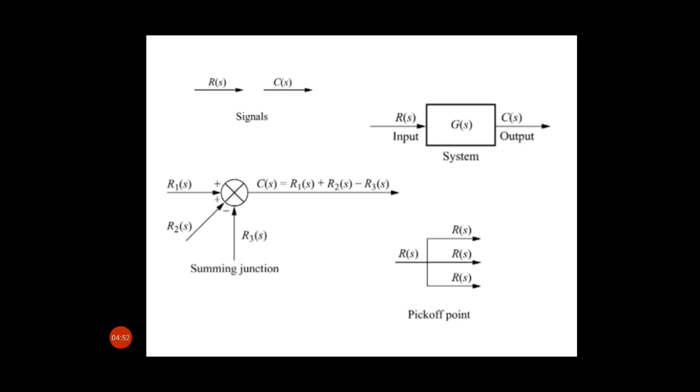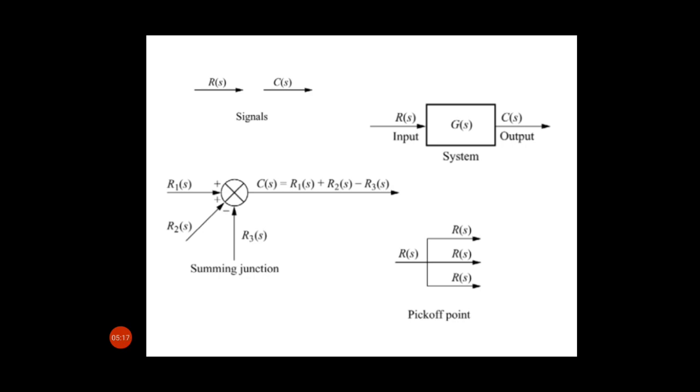Basically three main components: blocks, summing point and take off point, or pick off point, branch point. Generally, a block diagram will consist of these three elements: a block, a summing point, and a branch point.